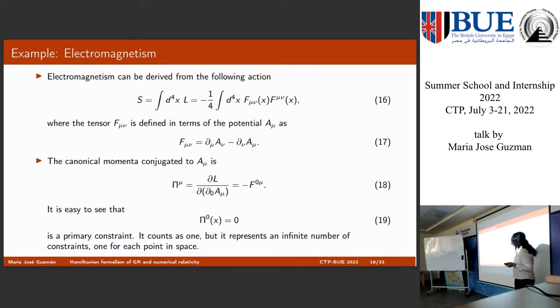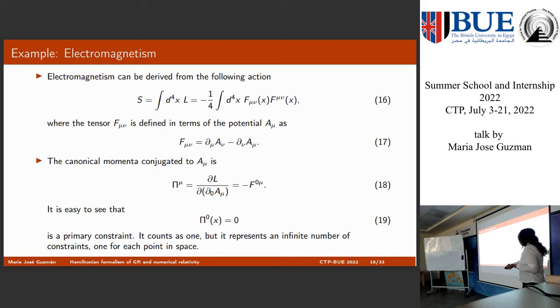Since this tensor is antisymmetric in these indices, if you replace mu by 0, this will be 0, because I'm just repeating these two indices. So just from the definition of this momentum, you obtain a primary constraint. I didn't use any equations of motion here. This is a primary constraint for electromagnetism.